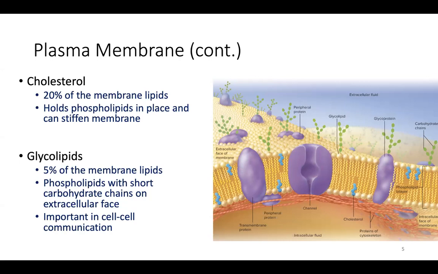So up here, this is our carbohydrate chain coming off of a lipid. You can think of them kind of as antenna. They're really important in cell-to-cell communication. They stick these little carbohydrate chains out and can communicate with other cells through that carbohydrate chain.